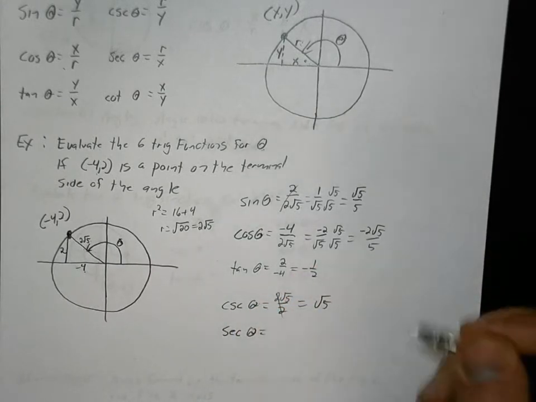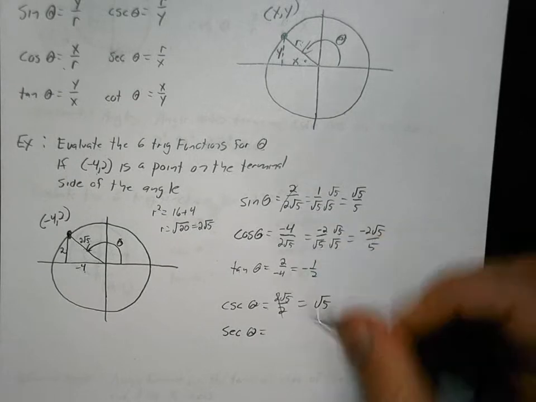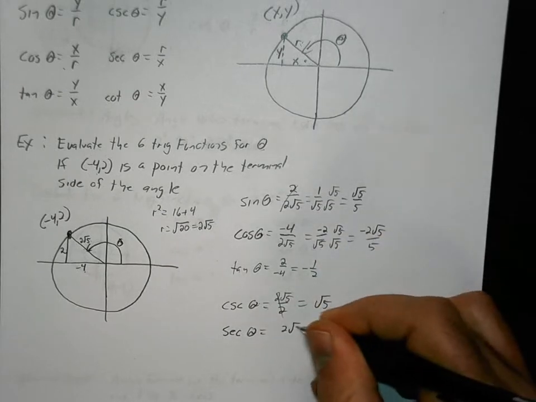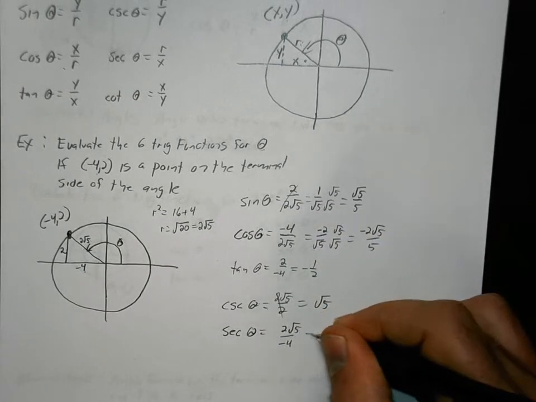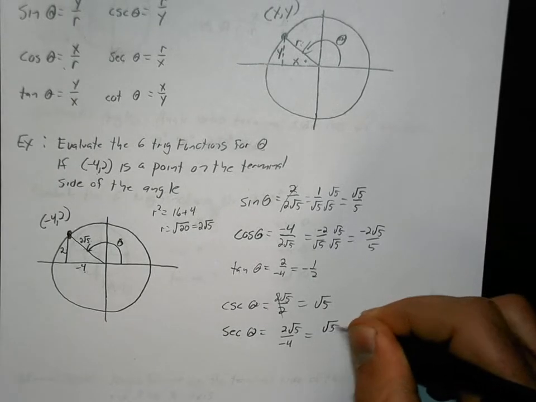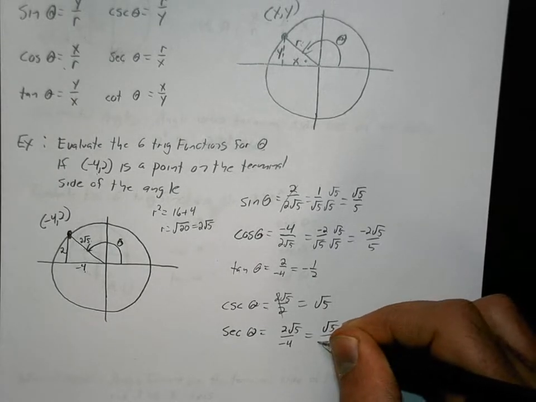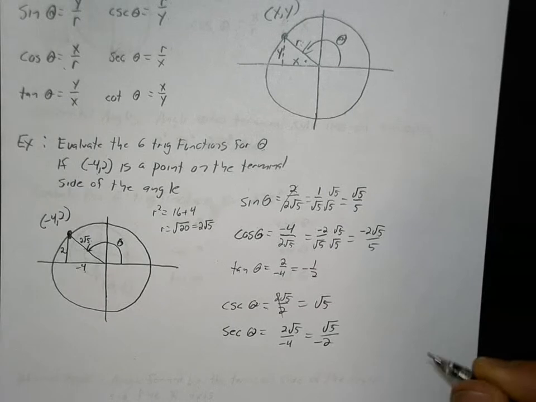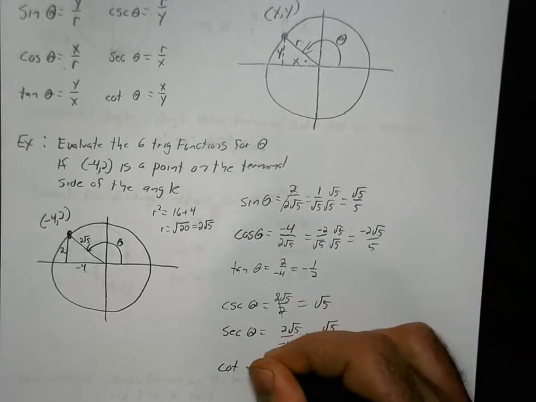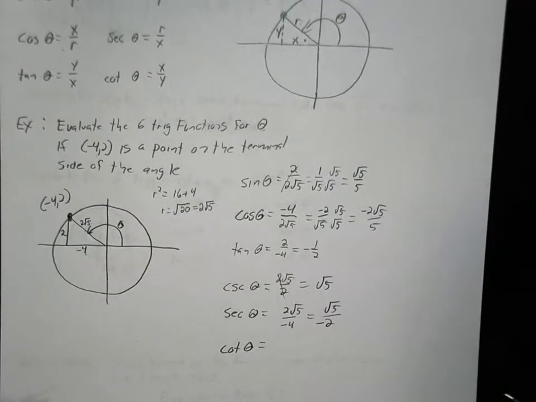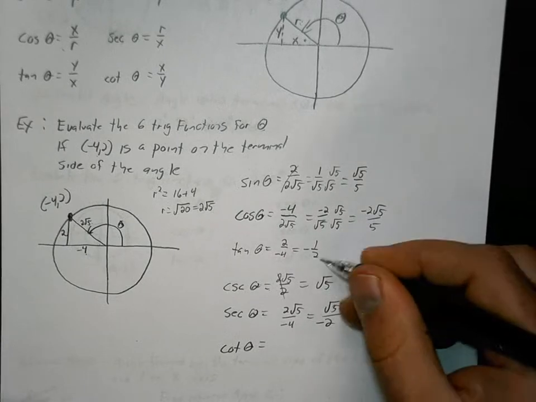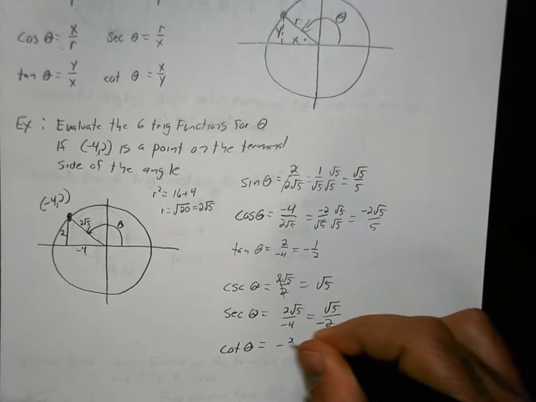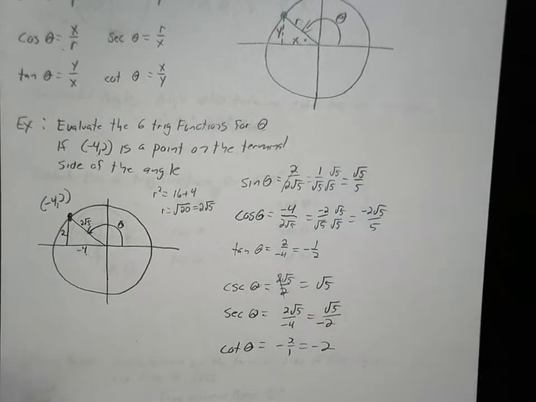Secant of theta is the reciprocal of cosine, 2 square root of 5 over negative 4, which is just the square root of 5 over negative 2. And cotangent of theta, the reciprocal of tangent, is negative 2 over 1, or just negative 2.